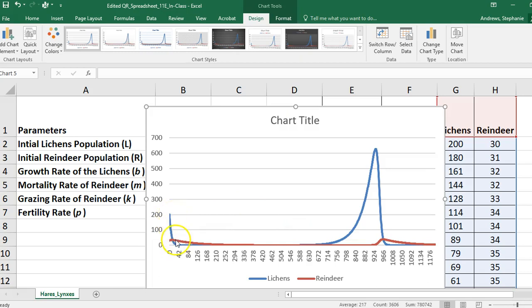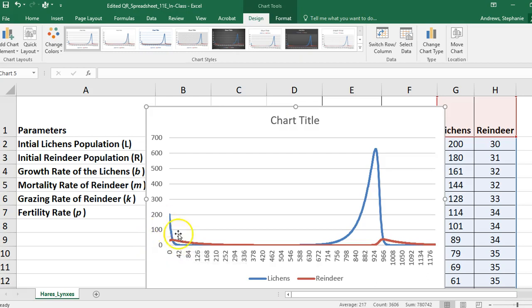Our lichens are dropping off as the reindeer population, well, the reindeer and the lichen population is going down. They're both very low. But then as the lichens grow, and the reindeer start to grow. Oh, this is early on, when they died out early on.